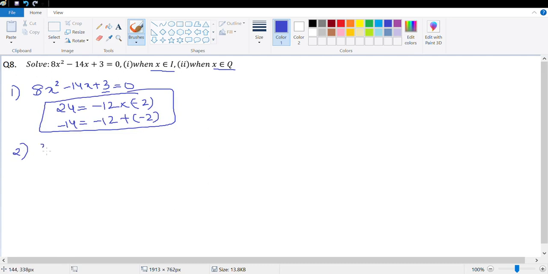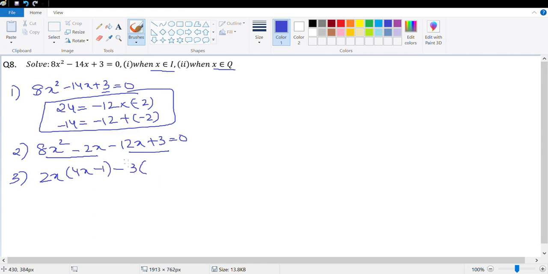Let's start. So 8x squared minus 2x minus 12x plus 3 is equal to 0. Let's group it the way I've underlined. So the common element is 2x. So this is 2x times (4x minus 1). And what's common here is 3, or I've taken negative 3.